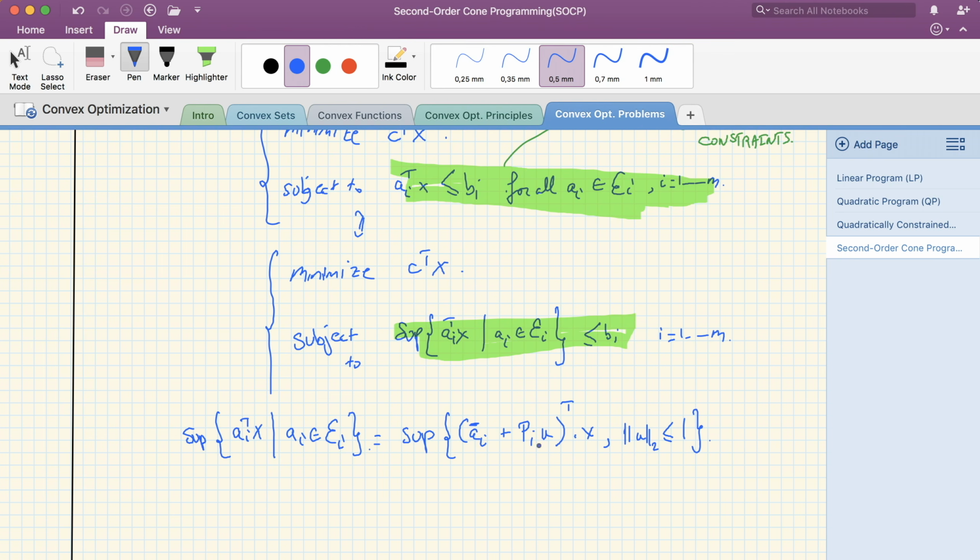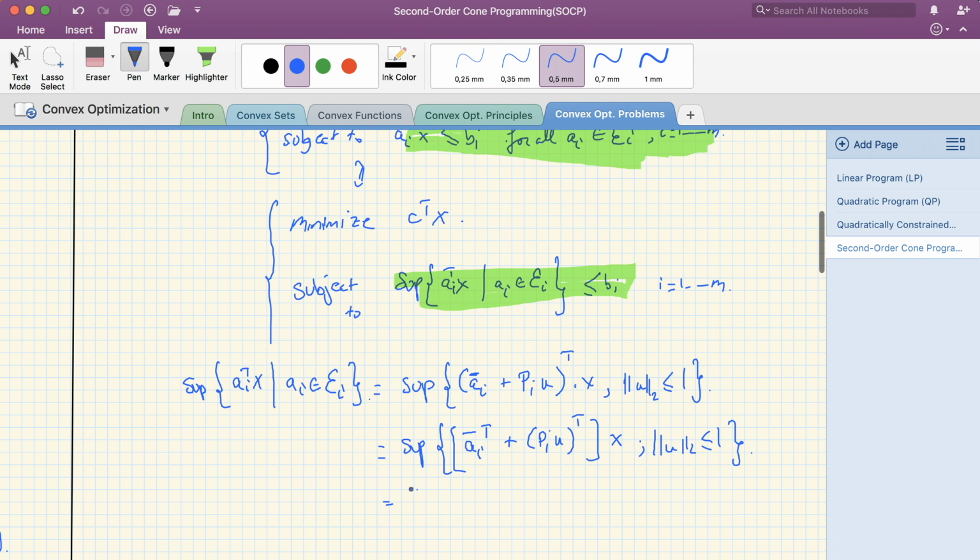Now let's expand this. So the supremum of AI bar transpose plus PI U transpose, all multiplied by X, with norm of U less than 1, right? Now expanding it even further, supremum of AI bar transpose X plus U transpose PI transpose X, the norm of U less than 1.